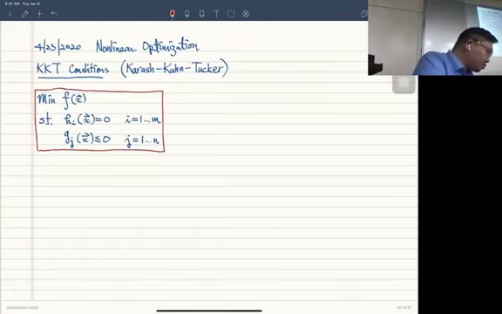And there's another very important property of optimization methods, which is trying to maintain optimality. So what does optimality mean?